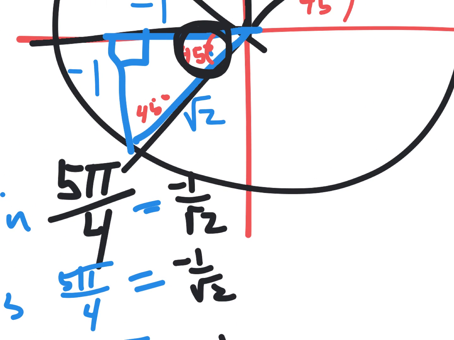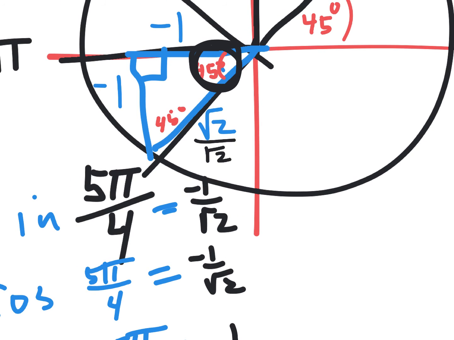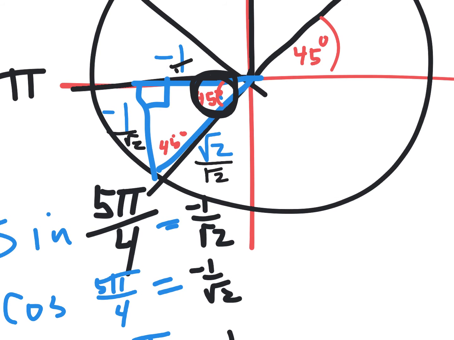If I want this radius to really be 1, then I have to divide it by the square root of 2. But then if I do that to one of the sides, I have to do that to all of the sides. And the cool thing is, now, if I do my opposite over hypotenuse again, it's still going to give me the same answer.